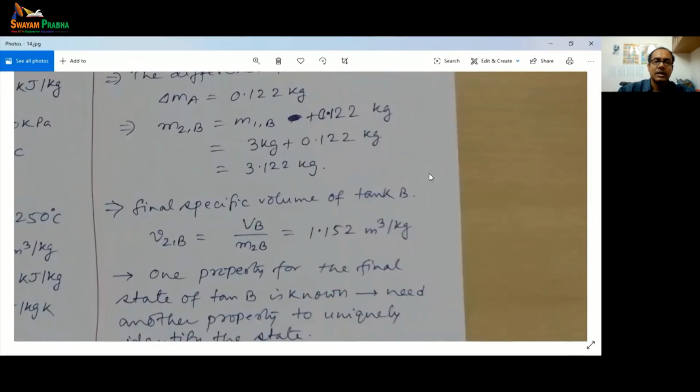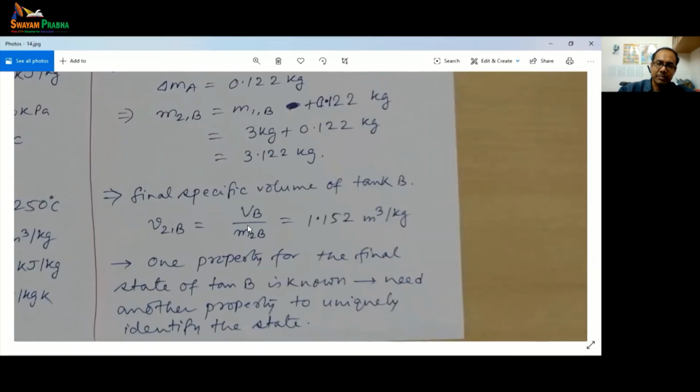Now the volume does not change for tank B, right? So the specific volume we can find by dividing the volume of B by the final mass of B. That way we know the specific volume in the final state of tank B, that is 1.152 meter cube per kg.